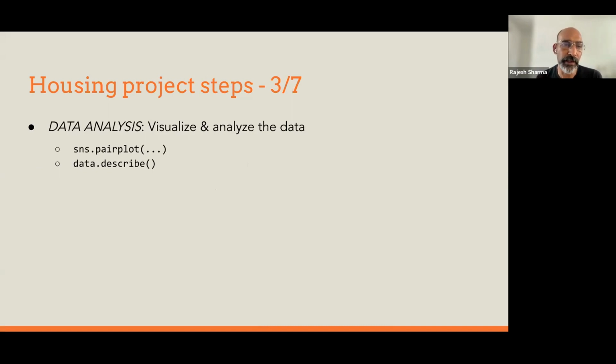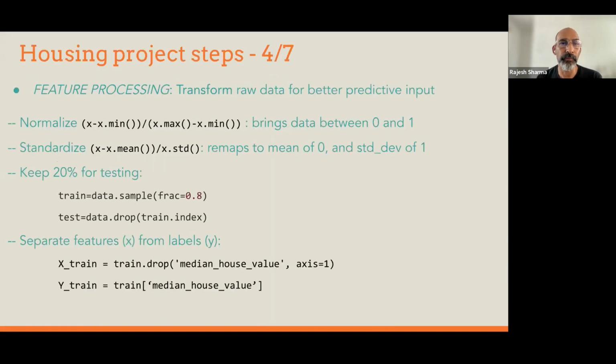And then we do the analysis, which we did a little bit. We did the pair plot. We look at the statistics of the data using describe. And then the next step is feature processing.